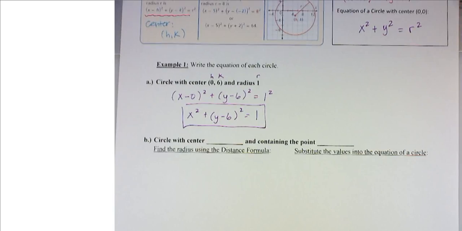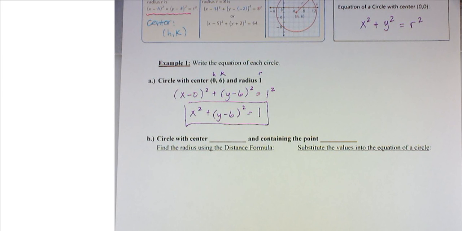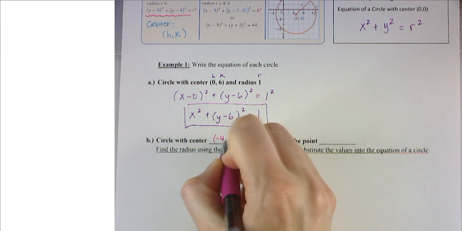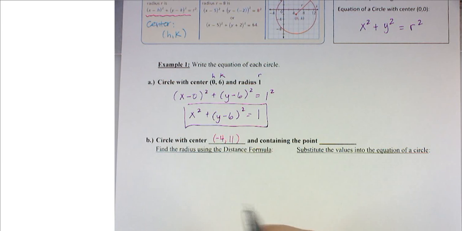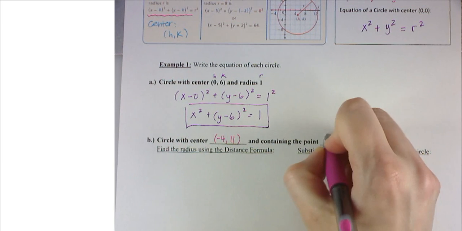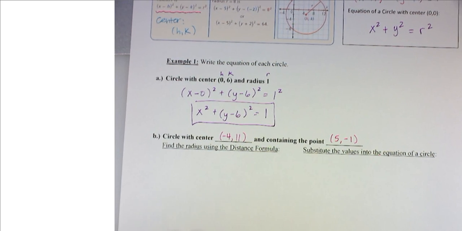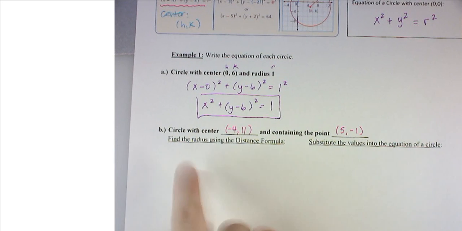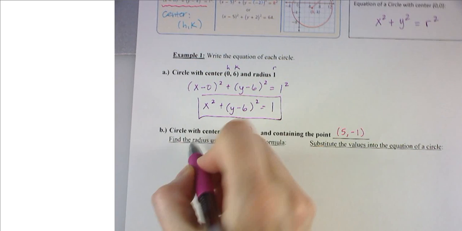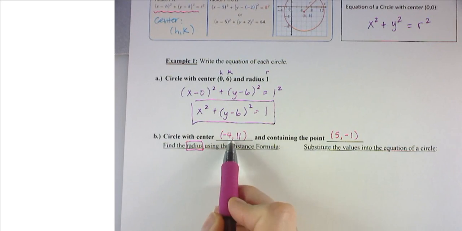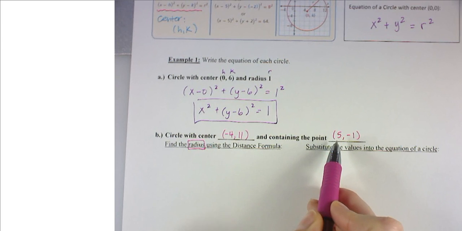Okay, in the next one, they give you a circle with the center of (-4, 11), and it contains the point (5, -1). So for this one, you are going to use the distance formula to find your radius, because you know that the radius is the length from the center to any point that's on the circle. So that's what we're going to find.